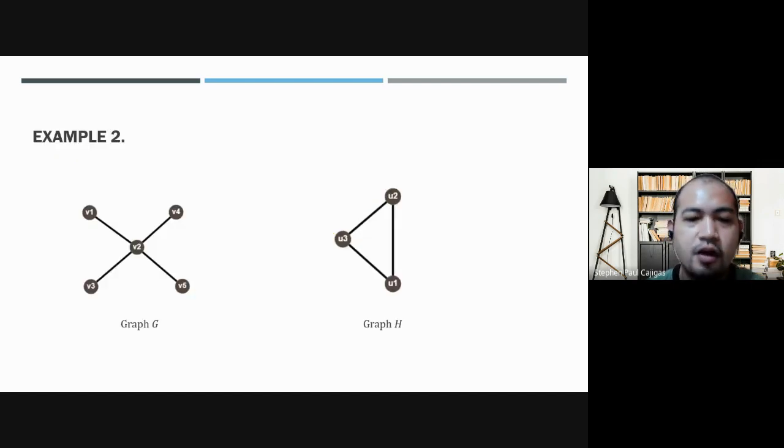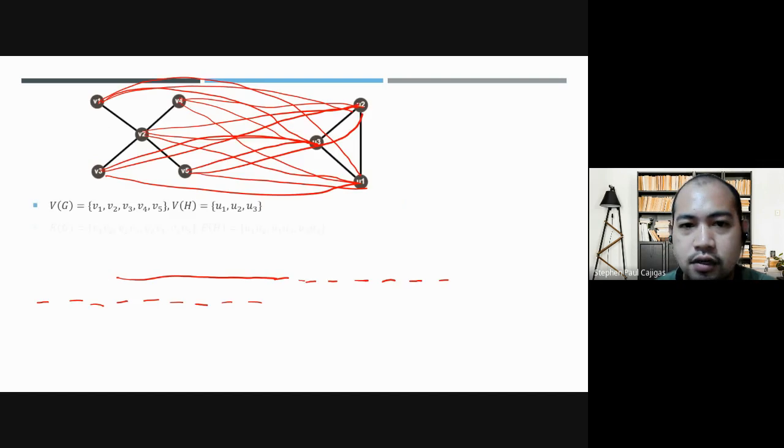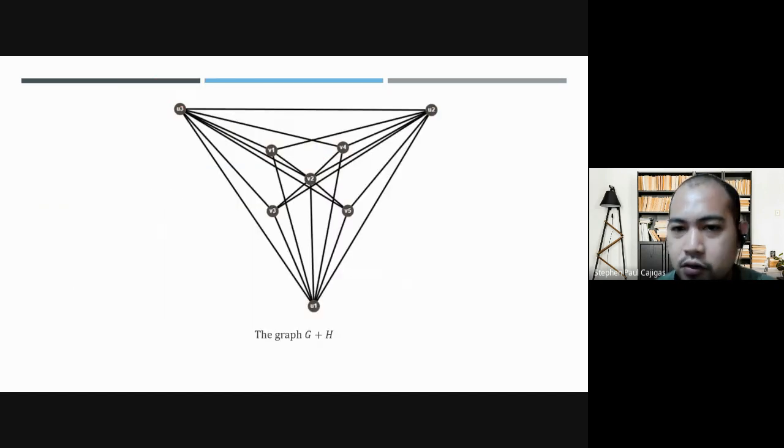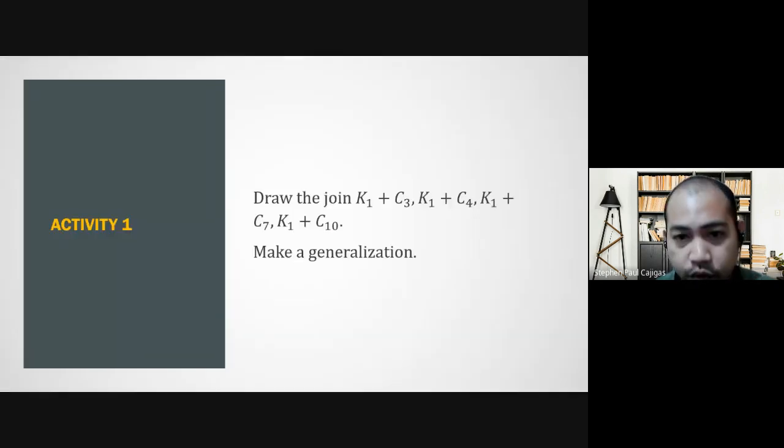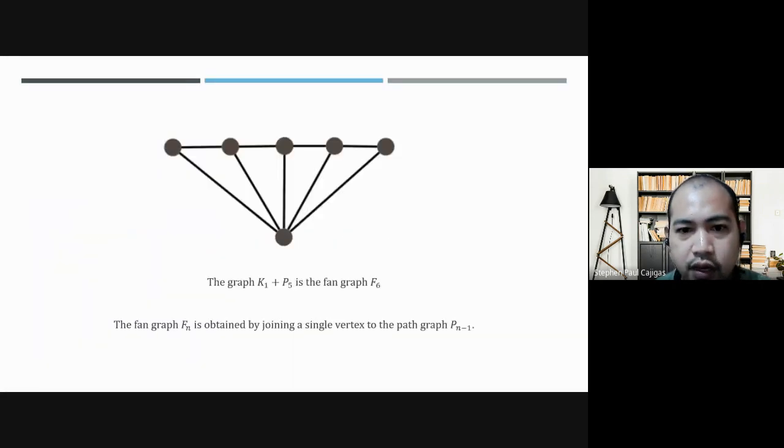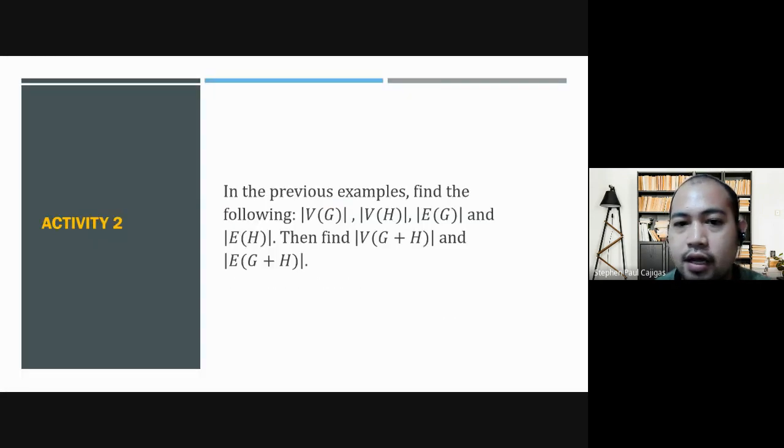Then, if possible, also make a generalization, if you see a pattern or can come up with a formula that will tell us the number of vertices and number of edges when we join two graphs.